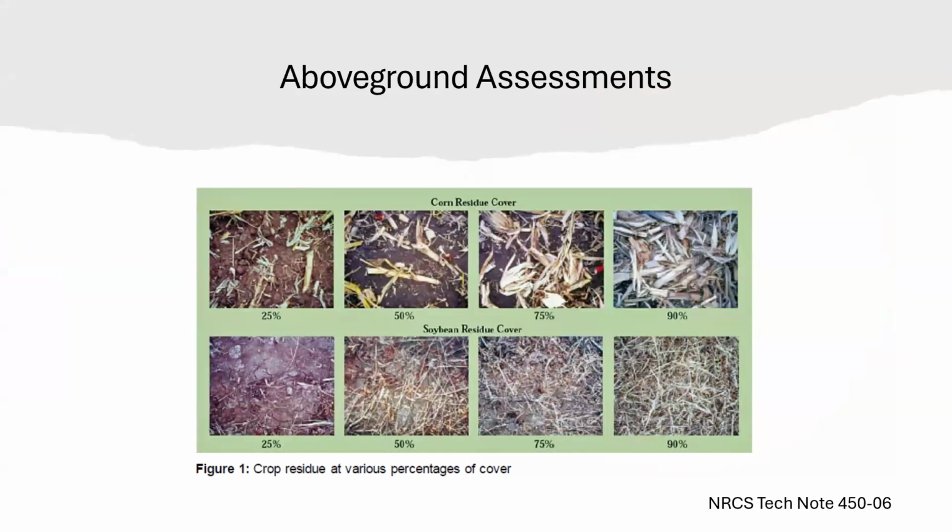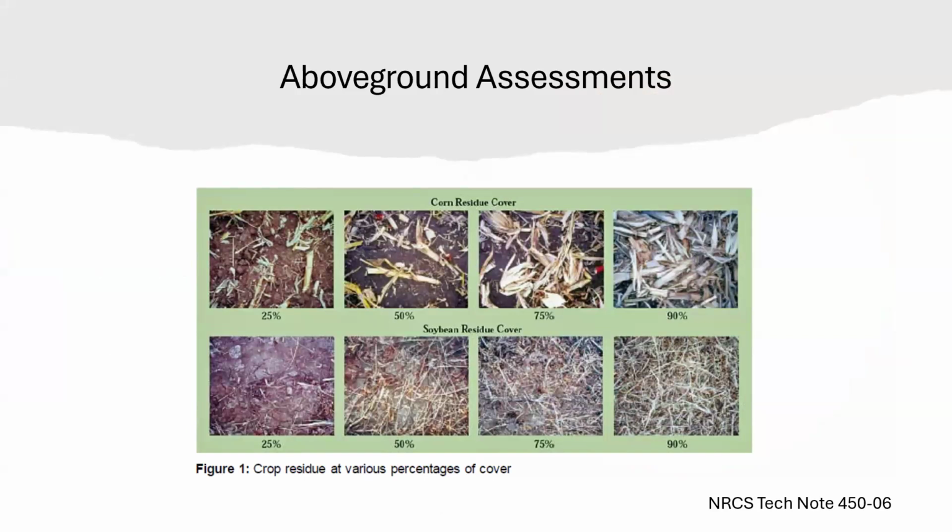There's a lot of things you can see above ground when you walk out into fields. And these are annual crop pictures, but just look at cover. Is the ground covered? If it's annual crops, is there residue? And actually, even if it's perennial crops, do you see bare soil? What kind of organic matter and litter is on the surface of the soil?